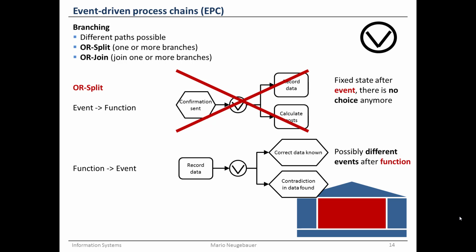You aren't able to select from one option or the other. You have this state confirmation sent fixed, and you can continue only with one possible function. You're not allowed to choose it in an OR split. So an OR split after an event is not allowed in event-driven process chains.